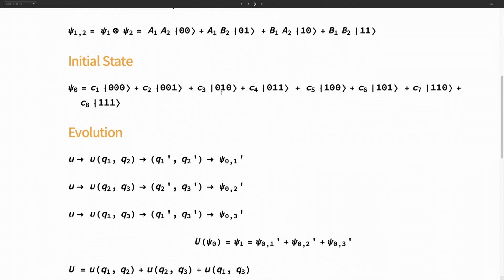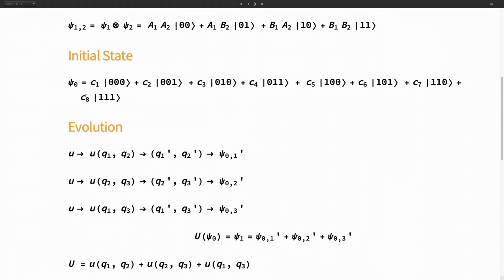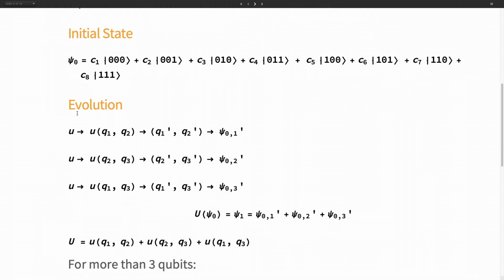Okay, so let's say I start with 3 qubits, for example. This is what my initial state would look like, and I have 8 coefficients, as you can see. Now I want to evolve this state.